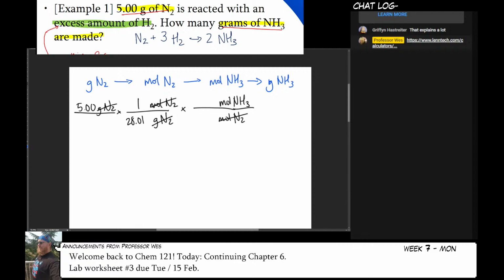Well, if you look up at the balanced equation up there at the top, you'll notice that I have moles of N2 and moles of NH3. So for every one of those, I make 2 of those. So let's go incorporate that into my expression. For every 1 N2 I put in the reaction, I get 2 NH3 out.